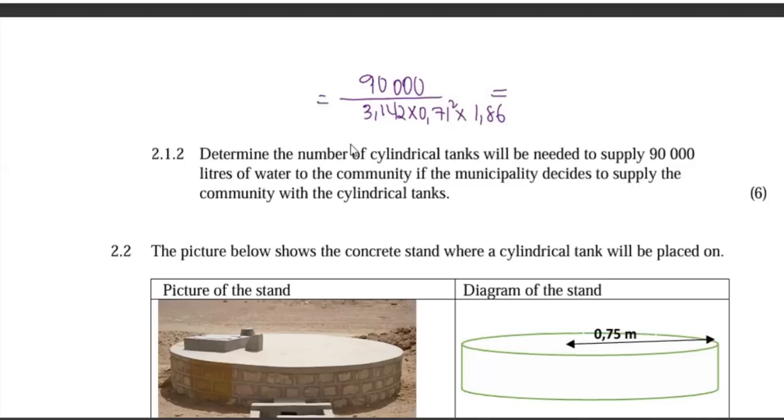We are looking for volume. So these are the number of tanks. The number of what? Tanks. But take note, there's no comma at tanks. So this one becomes that one, tanks. Okay.